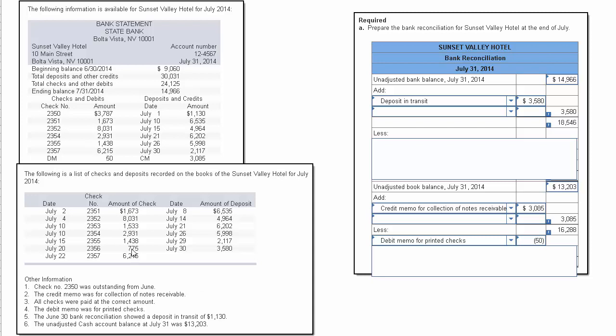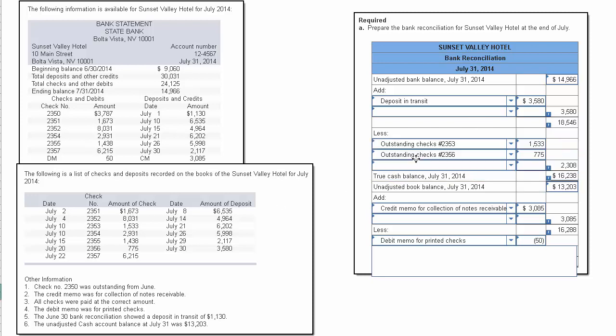The 775 does not. That's an outstanding check. 1438 appears in both places. 2931. It looks like the 1533 also is outstanding. 8031 matches, and this one matches. So we've got a couple outstanding checks. So let me remove that. Yeah, the 2 outstanding checks. And at this point, we've accounted for everything.